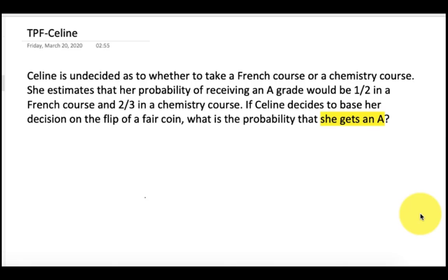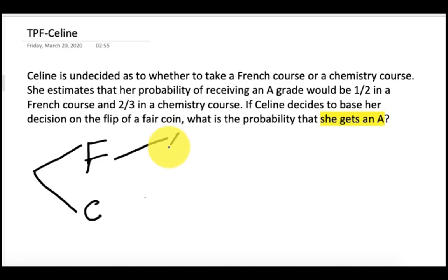I'm going to draw the corresponding probability tree. There are two scenarios. She can take a French course. I will denote the event by F. And she can take a chemistry course. That event is C. In each course, she can get an A or not.